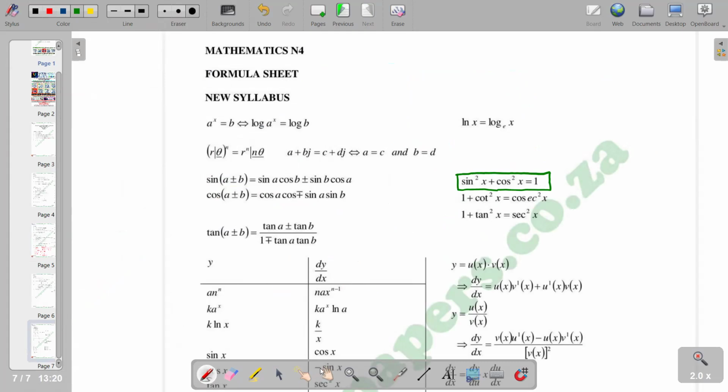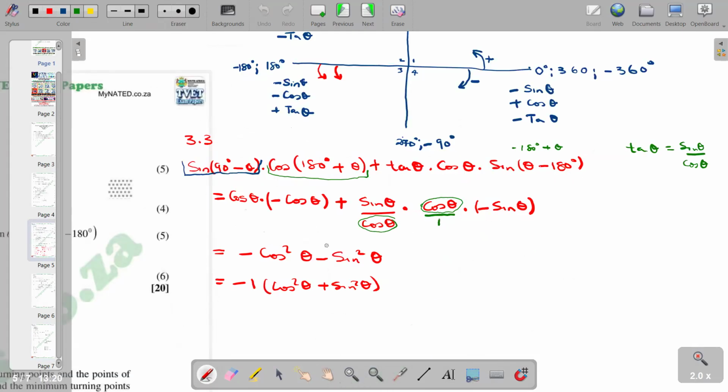So where there's cos squared theta plus sine squared theta, it's 1. So negative 1 times 1, our final answer is negative 1. Then we go to the next question.